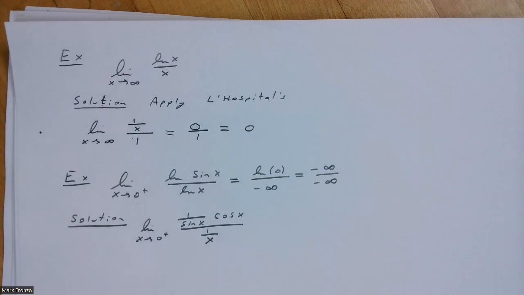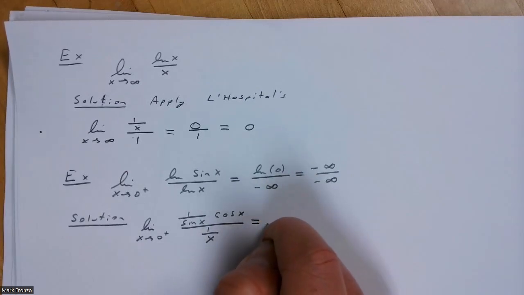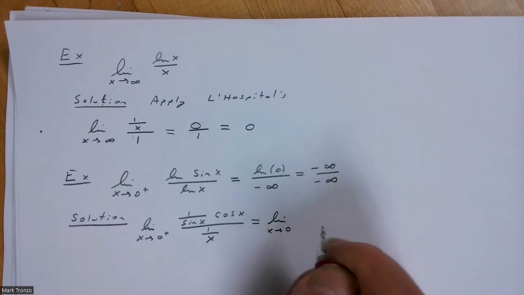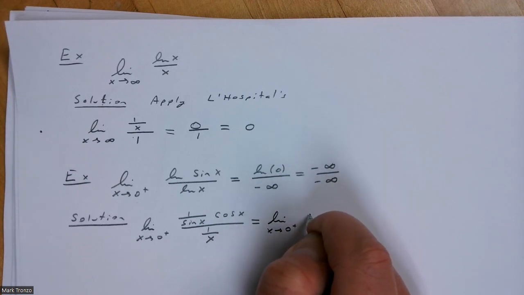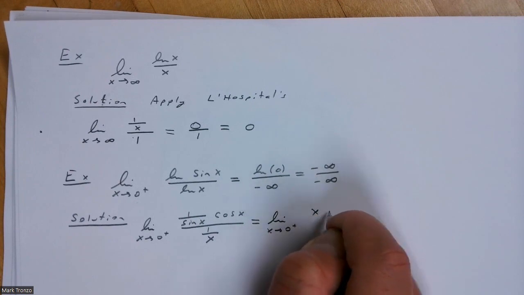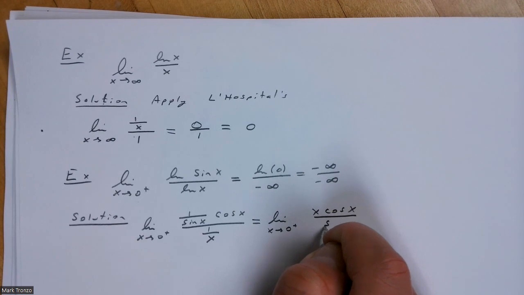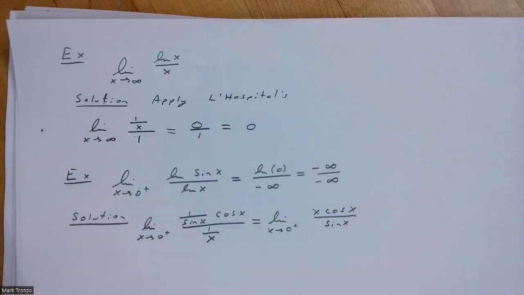And so let's see, where does that take us? Let's rewrite this a little bit. So it's going to be x cos x divided by sine x.